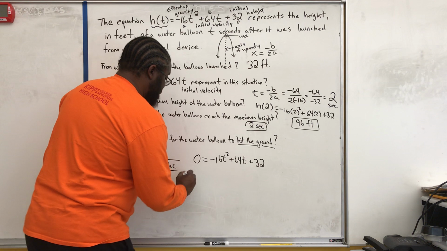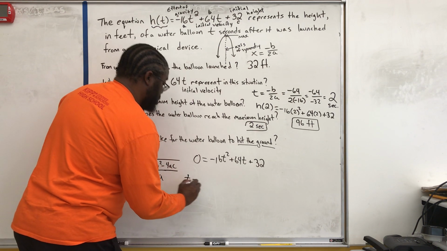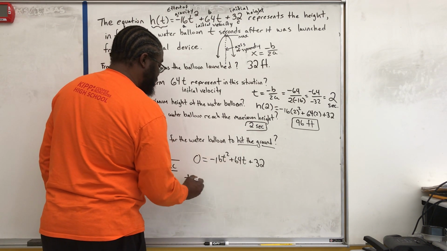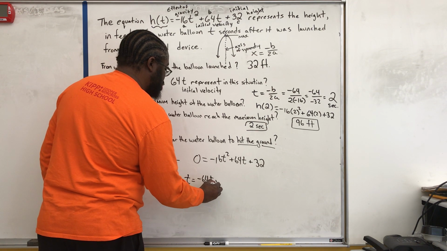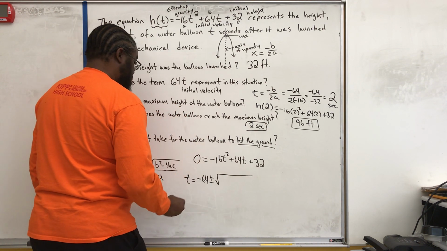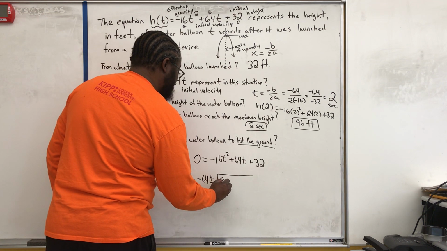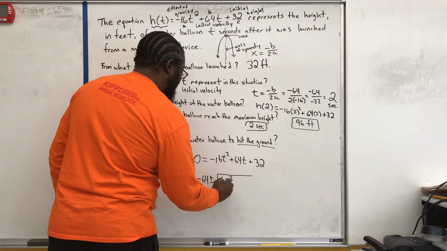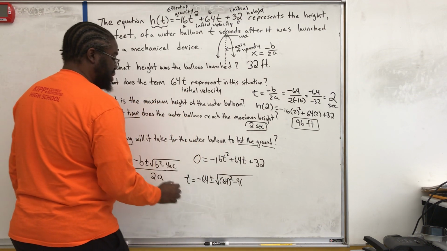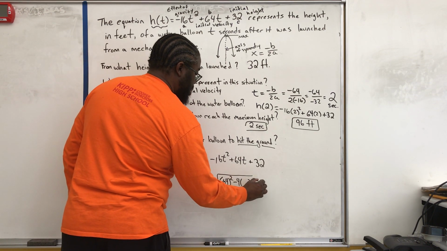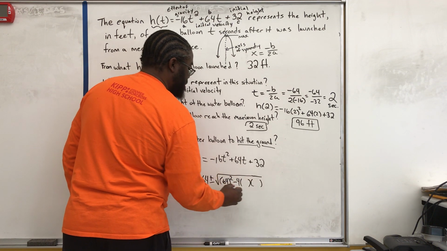And so let's solve it. I have t equals negative b, well, b is 64, so negative 64, plus or minus the square root of 64, that's b again, squared, minus 4 times a times c. Always substitute in parentheses.